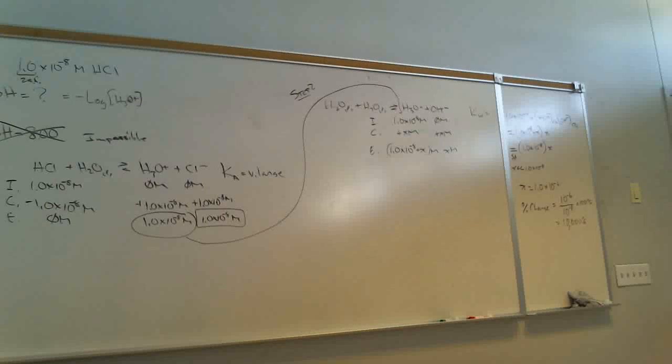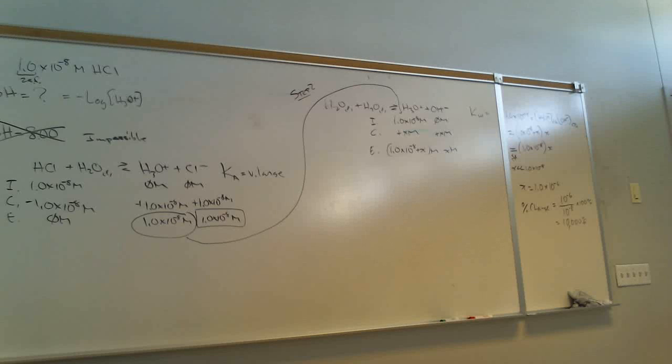The assumption is obviously wrong, but why did it work in the last problem and fail in this problem, even though the K value didn't change? The K value is the same as the last problem, but it worked in the last problem and failed in this problem because? Yes, right. In the last problem, we had a huge amount of hydronium to start with.